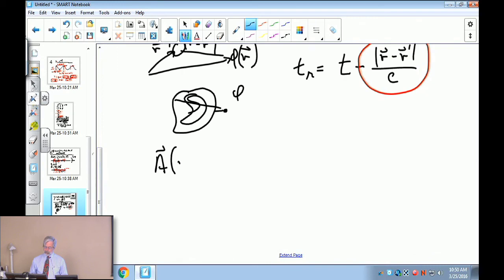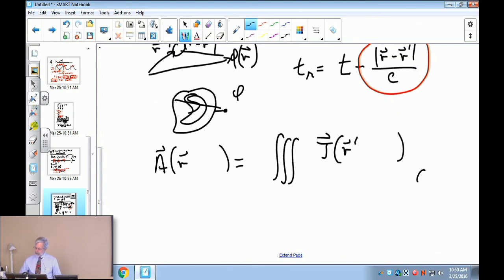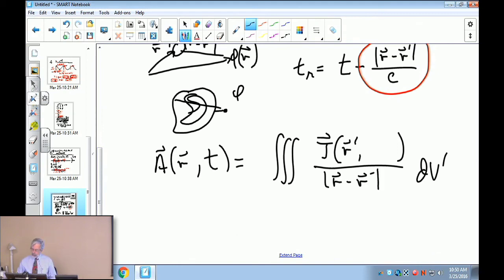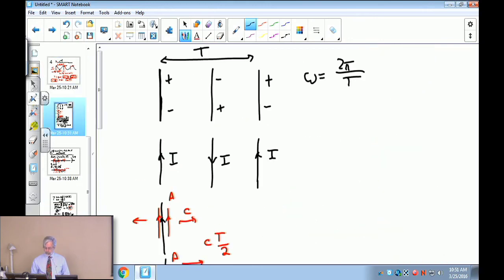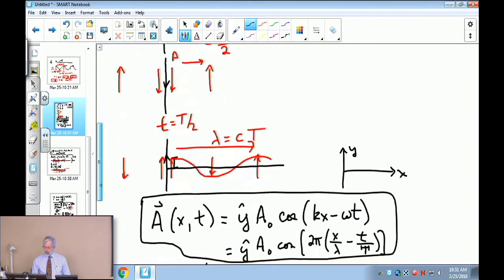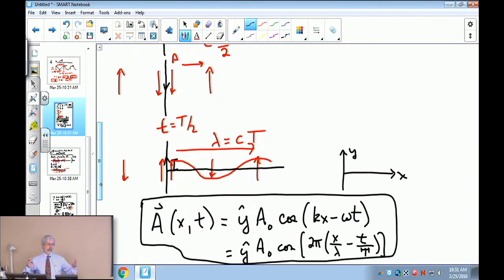The A field, remember, it was the integral of the current density. And again, we want to know the A field at a given time. Well, we have to take into account the retardation, the propagation time, and so it's just exactly the same. And that's what we did when I was sketching the solution up here. When we did this drawing that I made here showing what the A field is doing, it's just doing that.